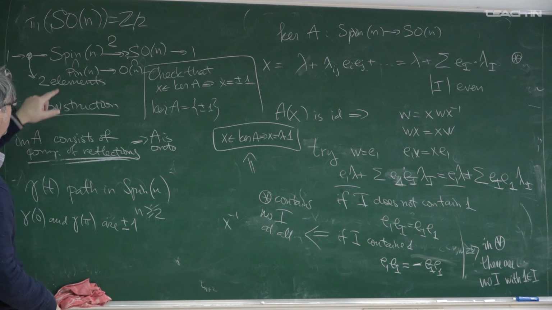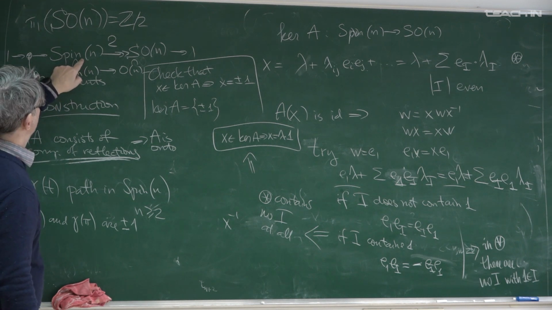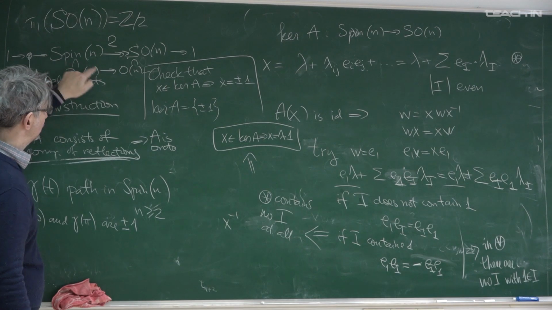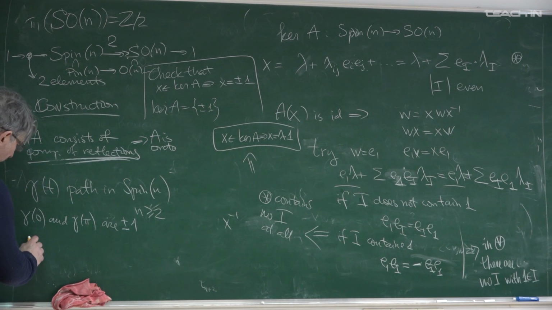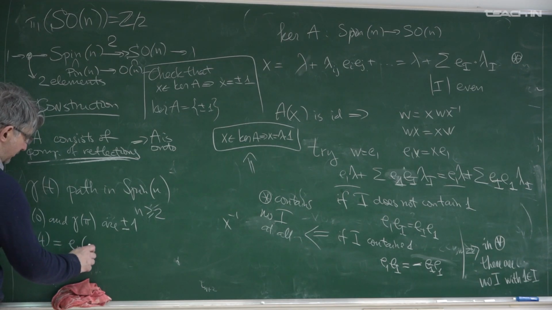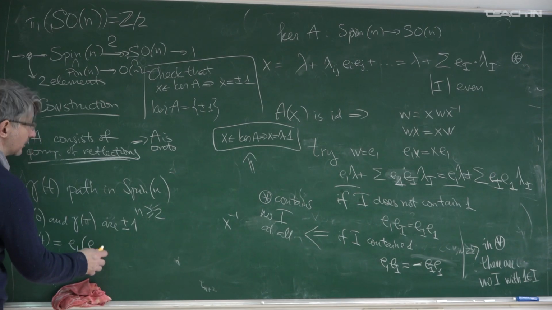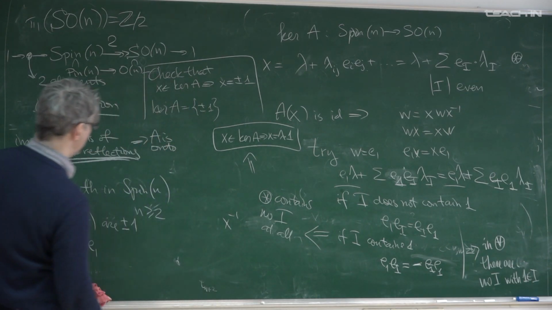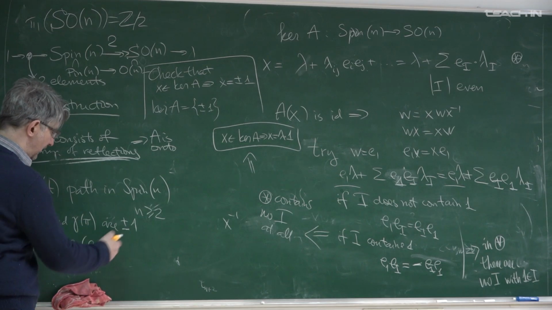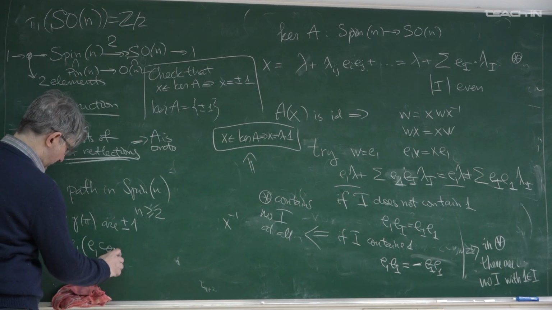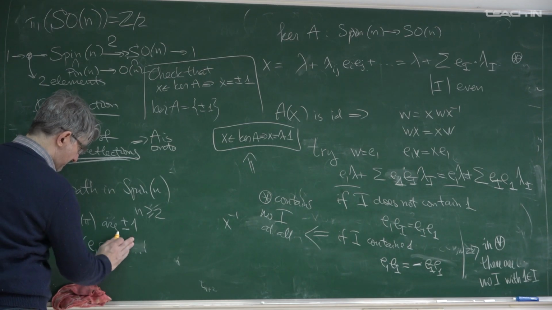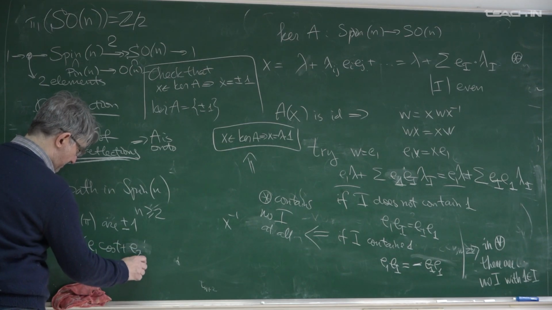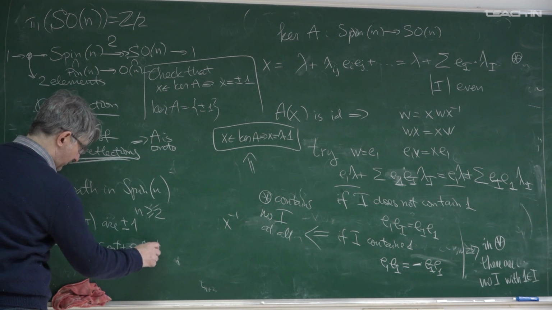But it's a more tricky thing. Two elements from the kernel can be connected by a path. The formula is given as follows. You take e1 and multiply it by a vector of length 1, because in the spin group you should take a product of an even number of elements. Yes, it should look like this.